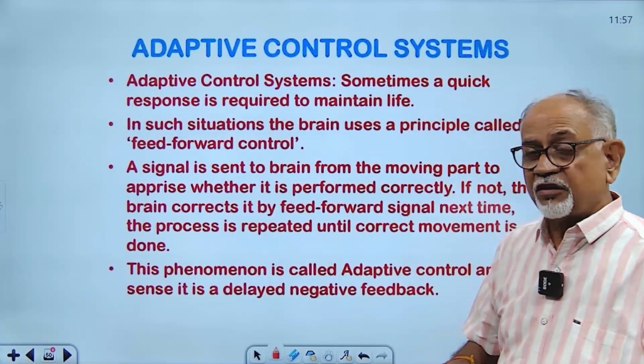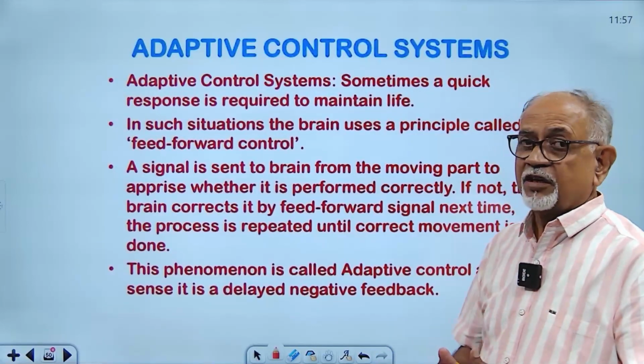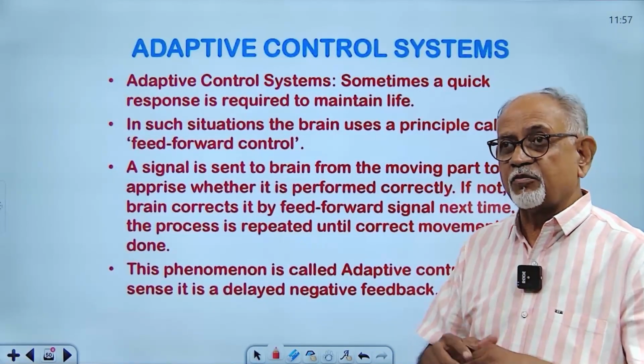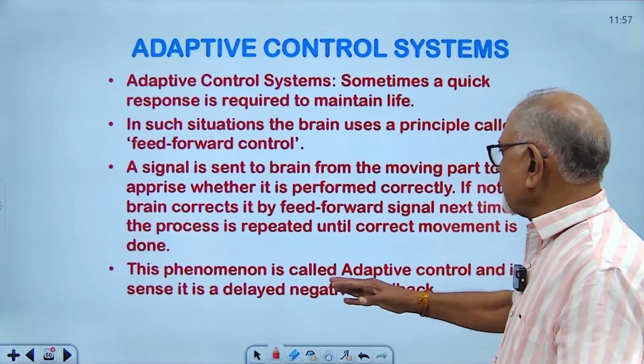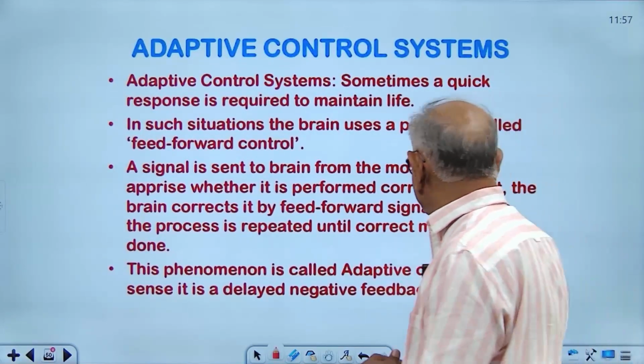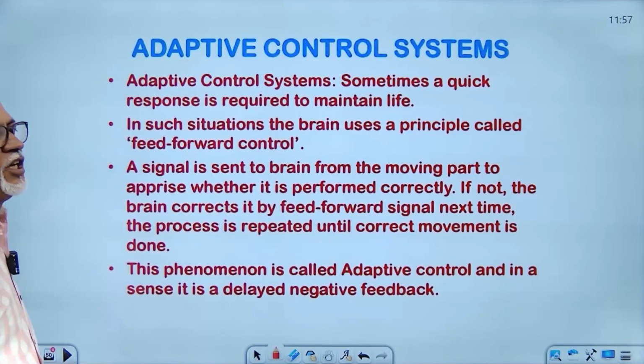And when such a situation arises next time, then the perfect stimulus is observed. This phenomenon is called adaptive control, and in a sense, it is a delayed negative feedback.